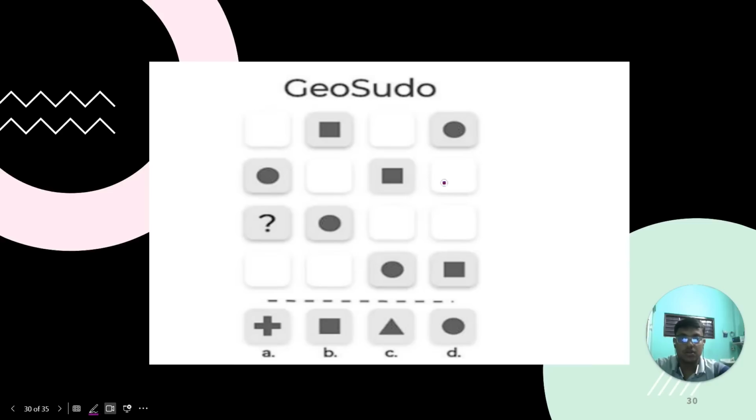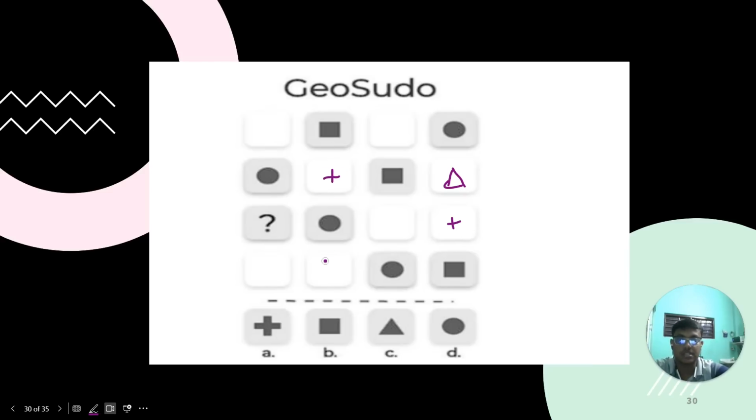So here in this question, these two boxes can have either plus or triangle. So let us put triangle here and plus here. You need to do the trial and error method in this case because no other option is there.